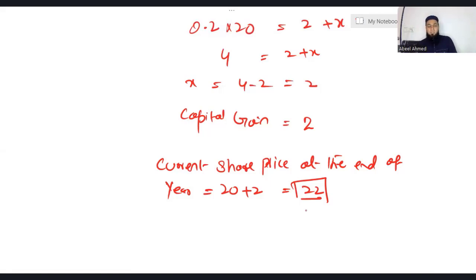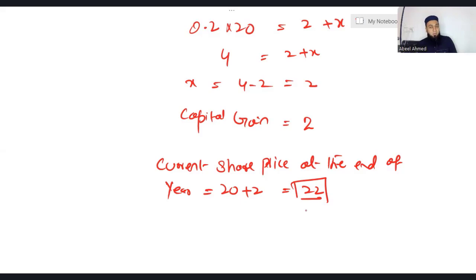I did mention it is universally acceptable: by calculating market value of equity, you can measure the wealth of shareholders. Total shareholder return consists of two things: one is capital gain and another is dividend. So those were a few basic things relating to how we calculate total shareholders return and the primary objective of financial management we discussed.